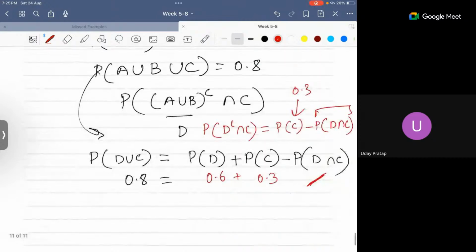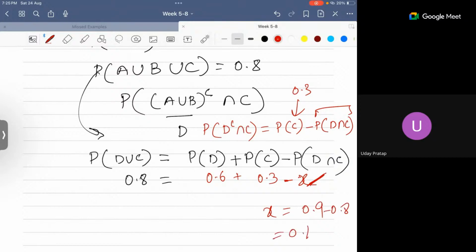So if you calculate, x equals 0.9 minus 0.8, which is 0.1. So you are left with 0.2 as the answer.